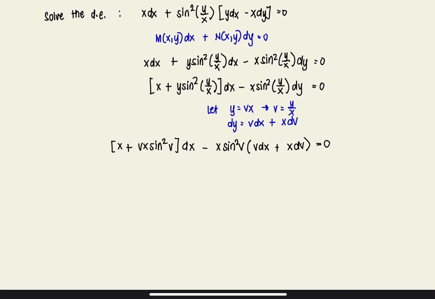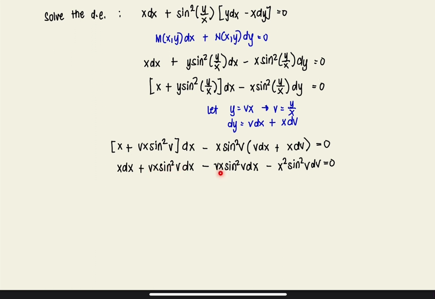So the next step is just to group together so that we will be able to transform this into a variable separable differential equation. So by algebraic manipulation, we have x dx plus vx sine squared of v dx minus, distributing this here, vx sine squared of v dx minus x squared sine squared of v dv equals 0.